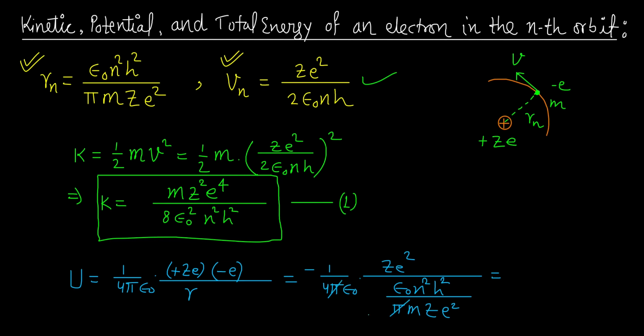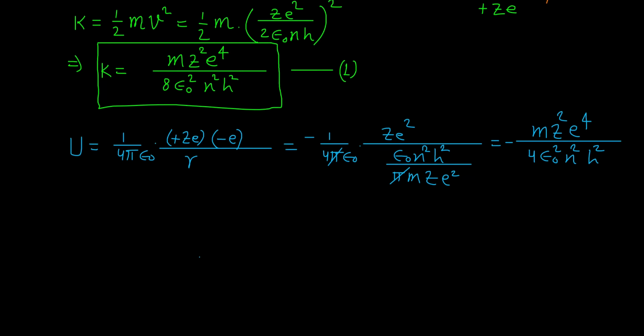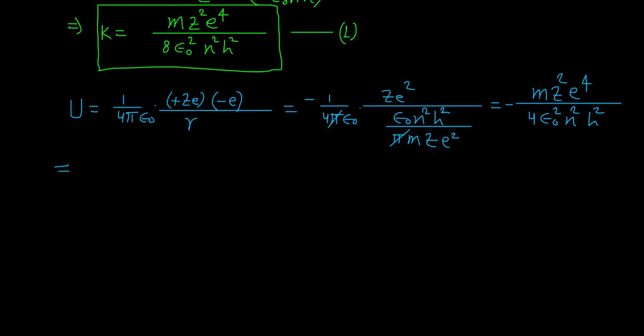So m Z e square comes into the numerator, and it becomes m Z square e to the power 4, with a minus sign, divided by 4 times epsilon naught into epsilon naught, that is epsilon naught square n square h square. From here we get the final expression for the potential energy: U is equal to minus m Z square e to the power 4, divided by 4 epsilon naught square n square h square.